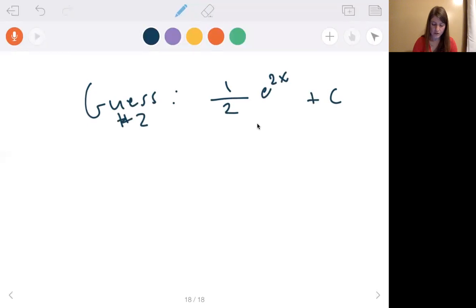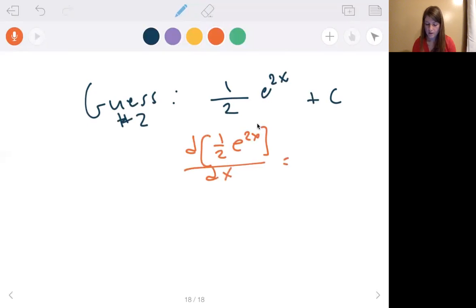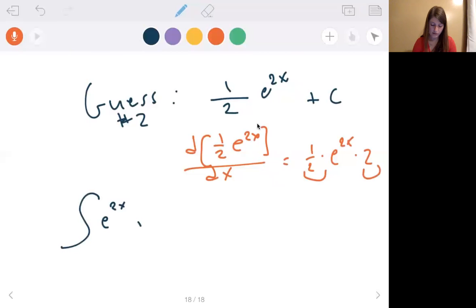So that if I differentiate now 1/2 e to the 2x, I know my constant's taken care of. I get, ignore my constant, e to the 2x times 2, and that gets taken care of. So this is probably the easiest way to do it. And what this is saying is, hey, that guy worked. So the antiderivative of e to the 2x dx was 1/2 e to the 2x plus c.